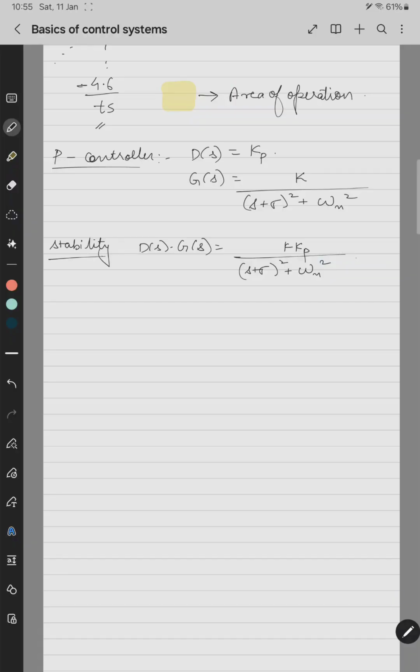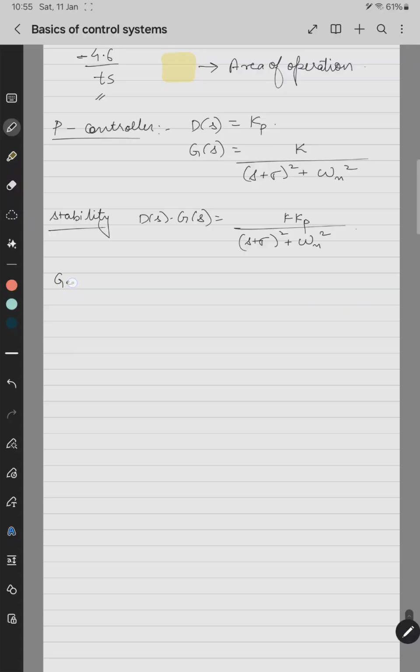The equivalent G of S will be D into G by 1 plus GD. So K into Kp divided by (S plus sigma) whole square plus omega n square plus K Kp.